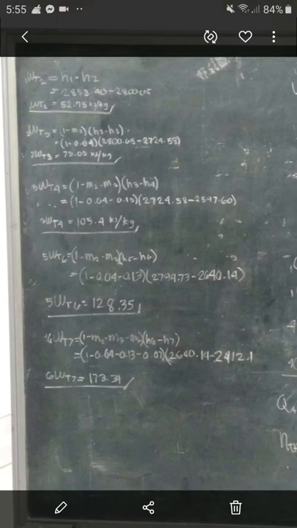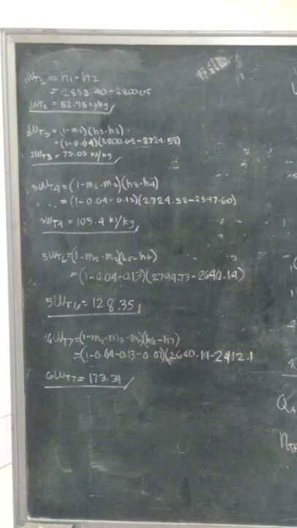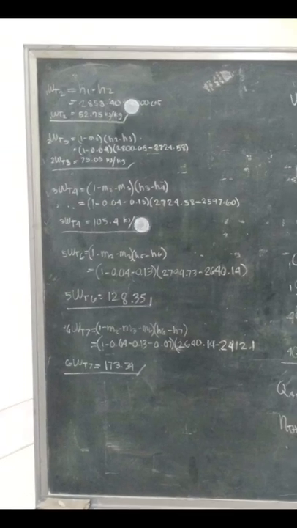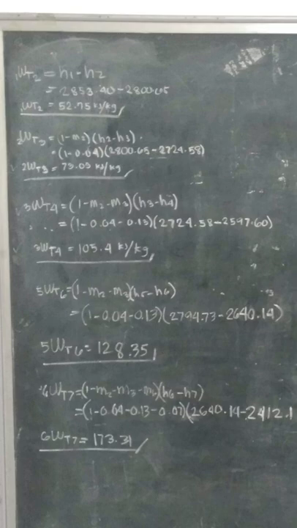We have the 1 minus mass 2 times H2 minus H3. So substitute all the givens. So we have the answer of 73.03 kilojoules per kilogram. Work turbine 3.